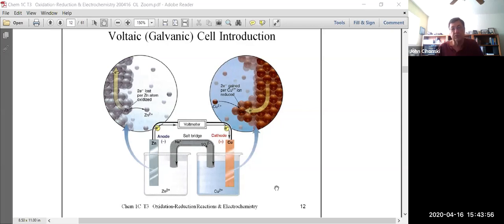So let's look at how a cell would work. And what we're going to do here is follow the electrons. Now, if you think about the wiring in your house, you flick a switch, the light goes on, you flick a switch, the light goes off. What are you doing when you flick that switch?